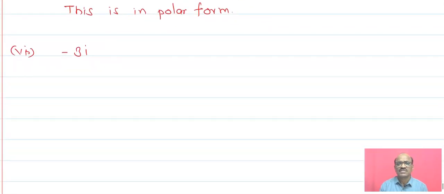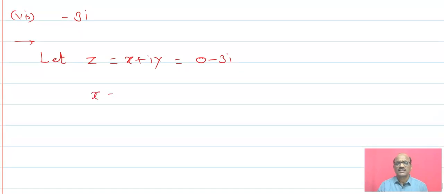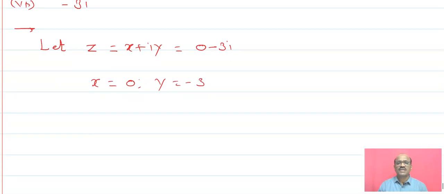Now the next one is minus 3i. Now z is equal to x plus iy, that is 0 minus 3i. The value of x is 0, y is minus 3.